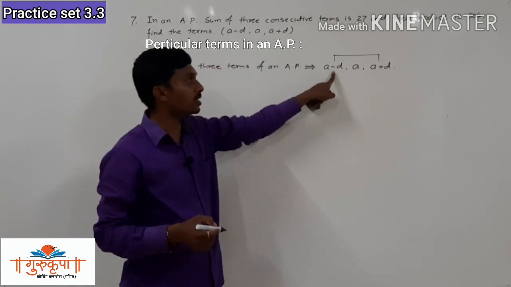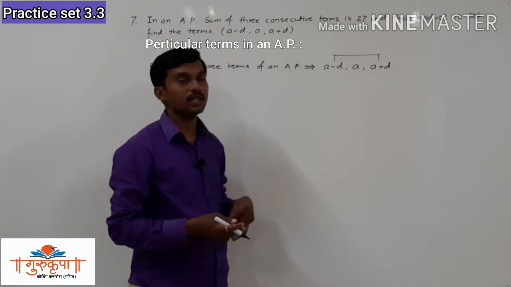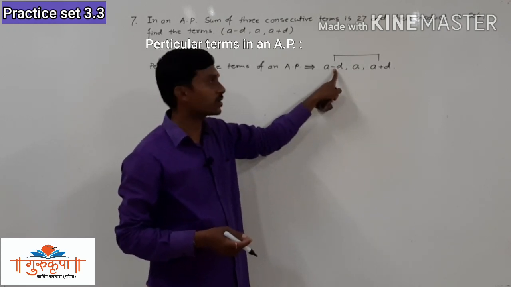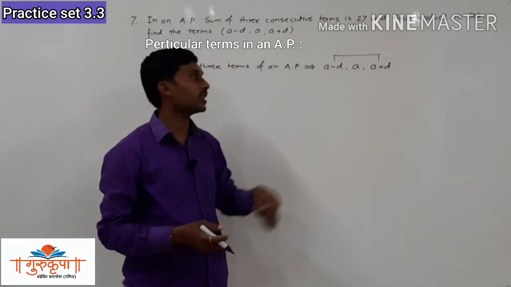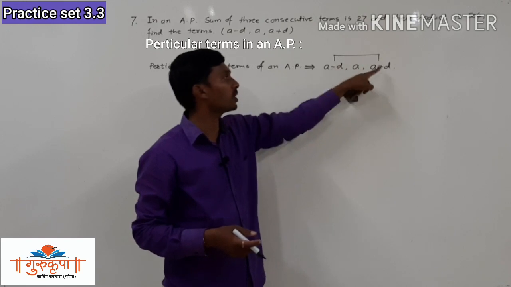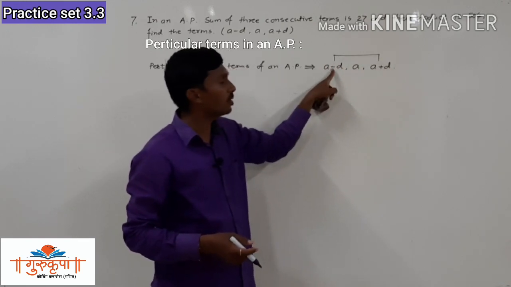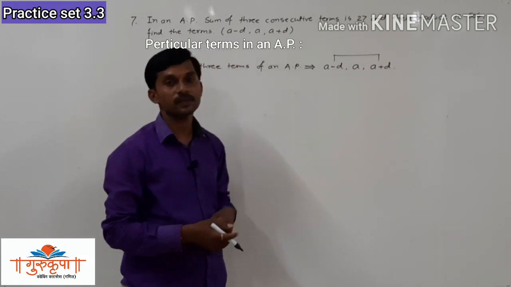Or simply you can remember like this is first and last term. First term is a minus d, last term is a plus d, and the middle term is a. Here we have negative term, so the negative sign in the first term, and into the third term we have positive sign. You can remember like that. First and third term you have to remember. Same variables are there, a and d. Here we have difference of a and d. Here we have sum of a and d.